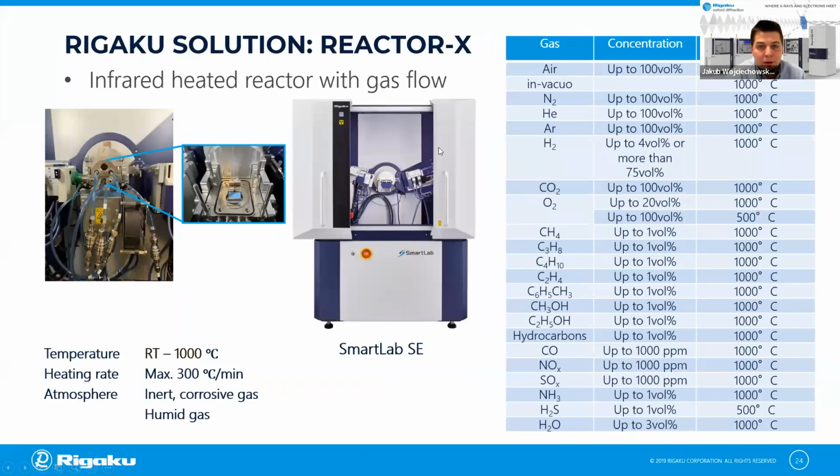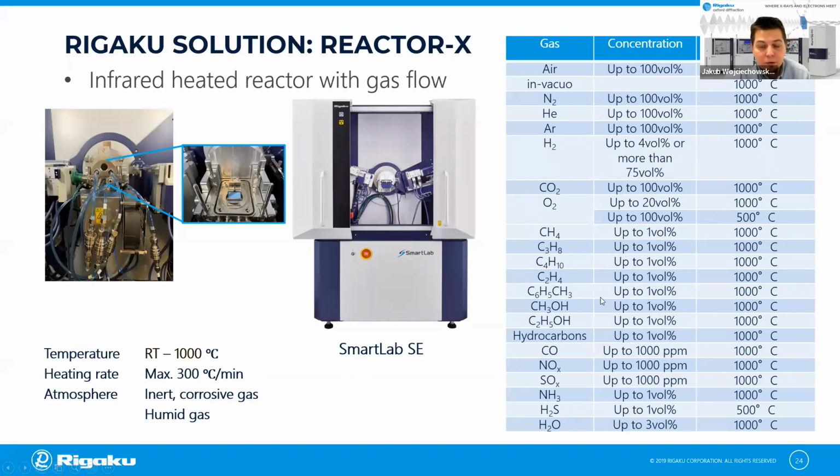And what Maciej likes to use for such research is REACTOR-X, which is an infrared heated reactor, which heats up very quickly. You can heat up 300 Celsius per minute. You can go from room temperature to 1000 Celsius. And what is important is that you can introduce corrosive gases.